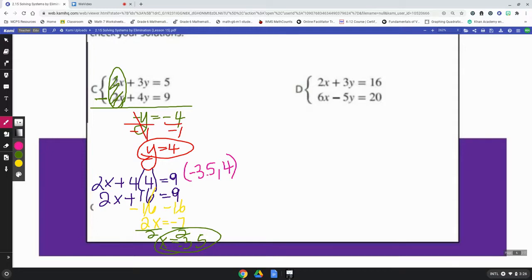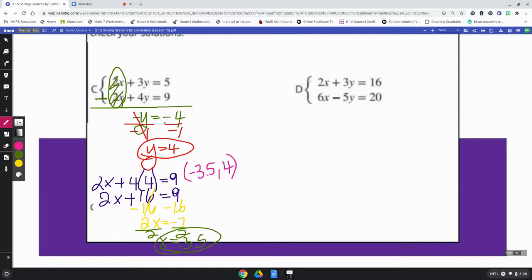Neither of those coefficients have the same absolute value. They don't have the same numbers. So what can we do? We need the coefficients to have the same absolute value so we can eliminate by addition or subtraction.